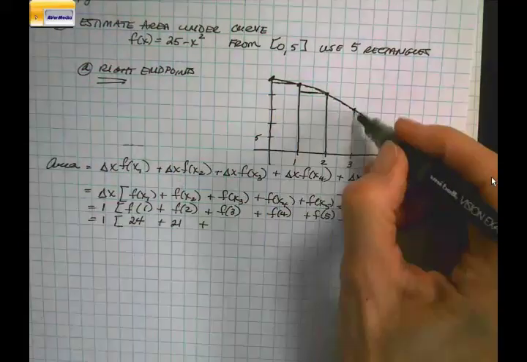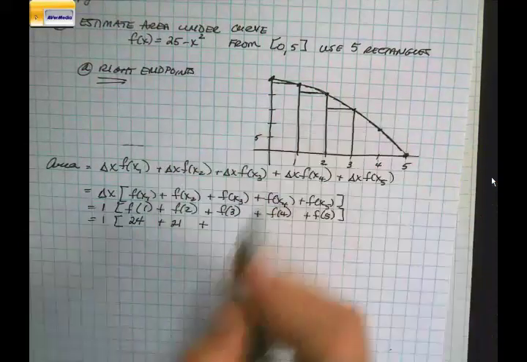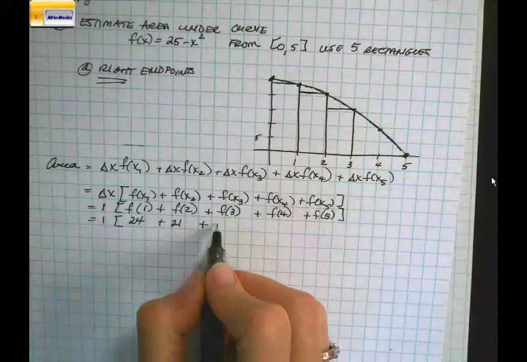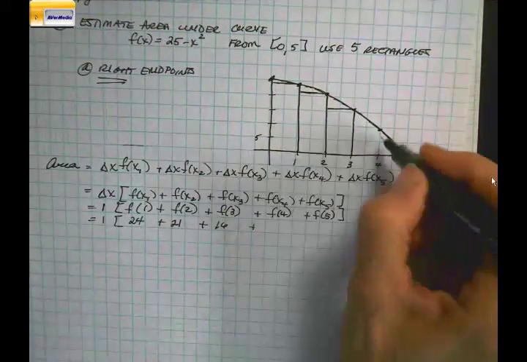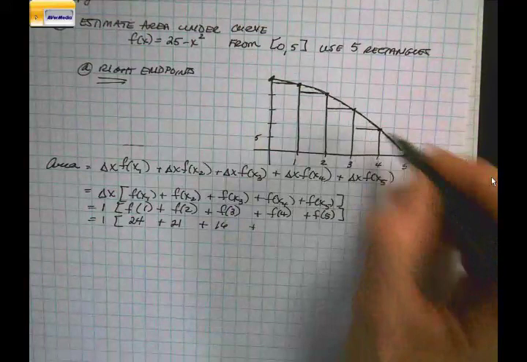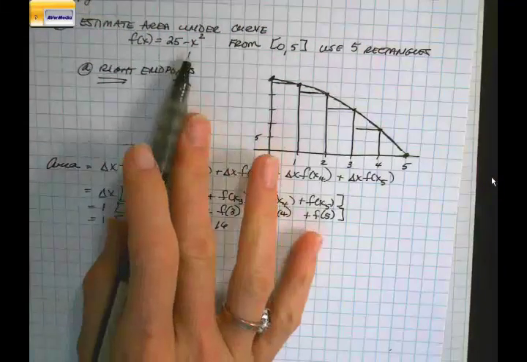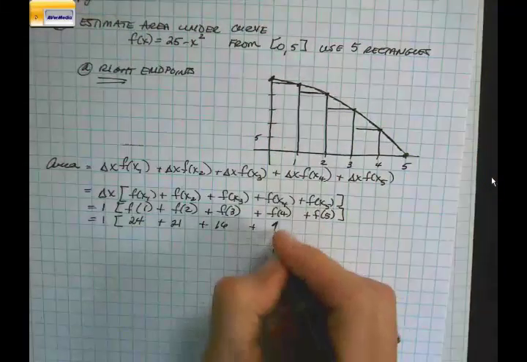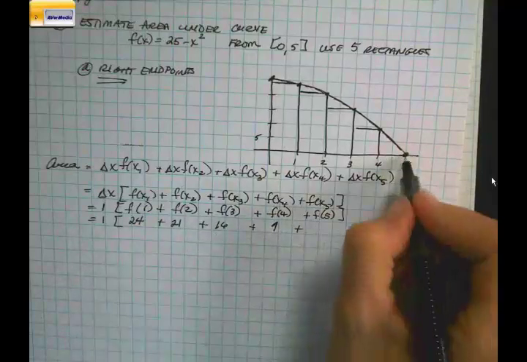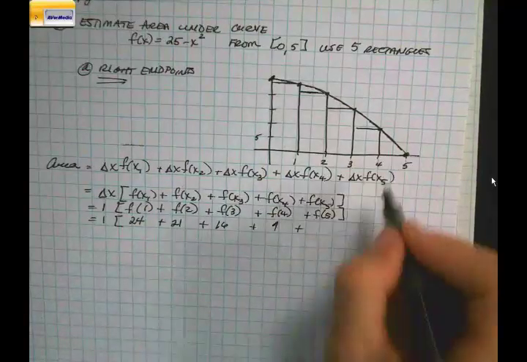Your height at 3 is 25 minus 9, which is 16. And your height at 4 is 25 minus 4 squared, 25 minus 16, which is 9. And your height at 5 is 0.